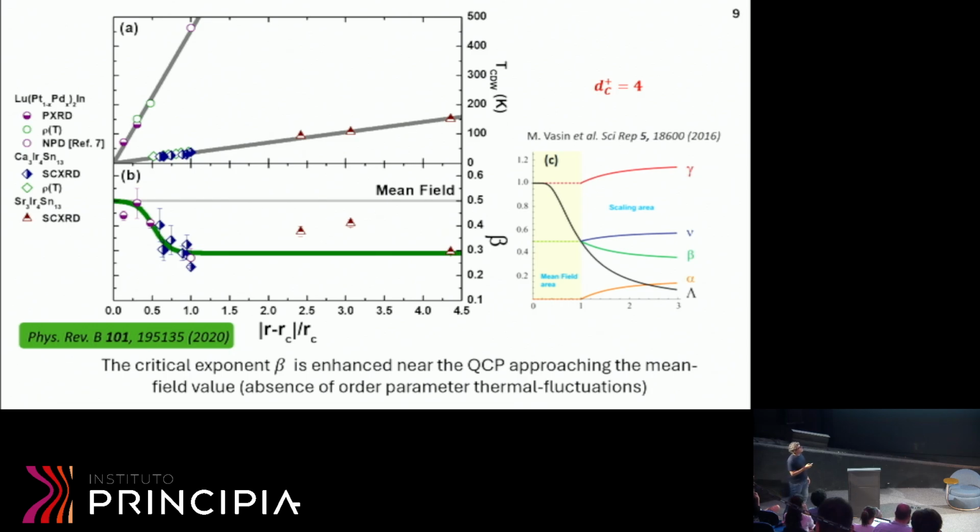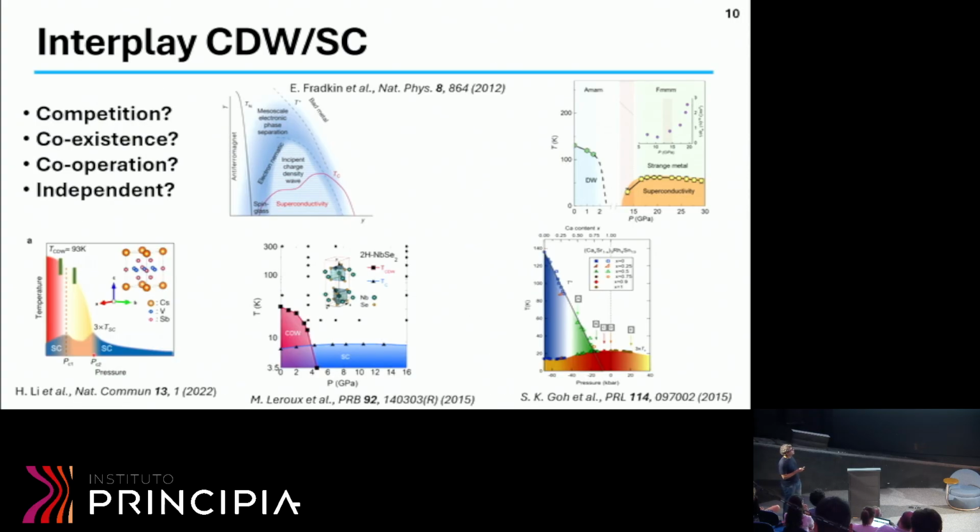The critical exponent of the order parameter changes from 0.3 to 0.5, which is the value expected for mean field. So this is some indication that both systems have some quantum fluctuations, indicating that it might be a quantum critical point.